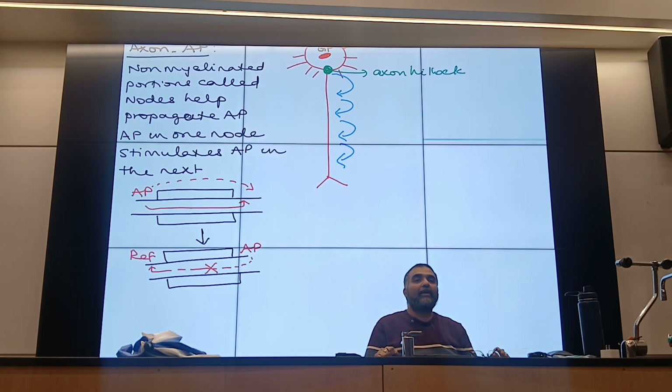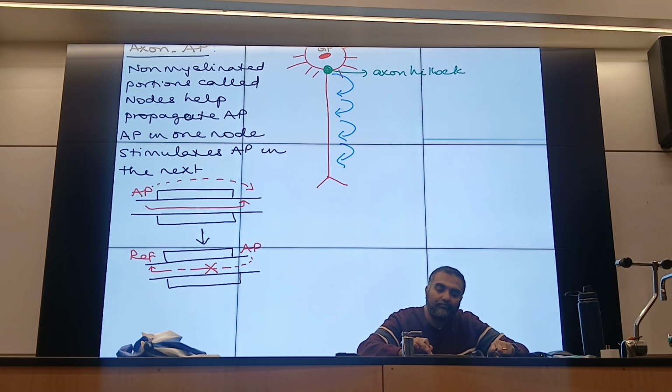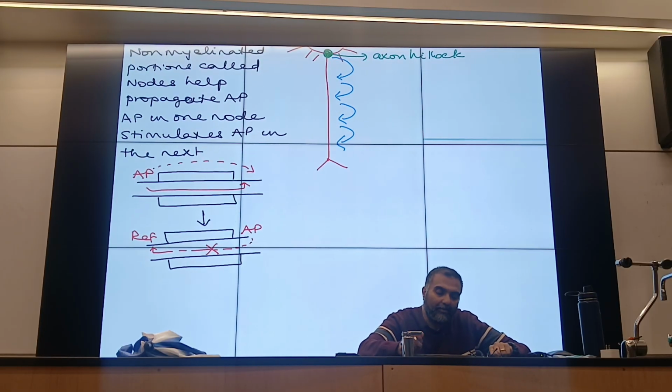That cannot happen. So refractory periods ensure the unidirectionality of the action potential. I will ask this on the exam. The main job of refractory periods is to make sure that the action potential propagates in one primary direction, at least in the neuron. And that's exactly what happens here.